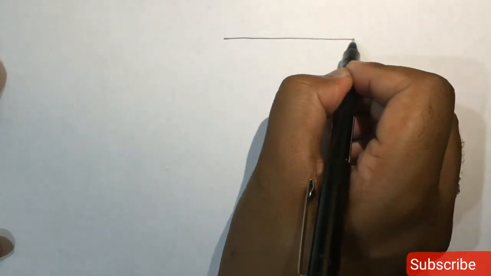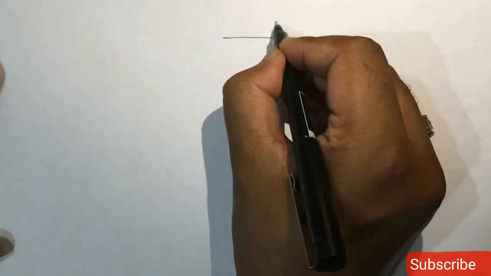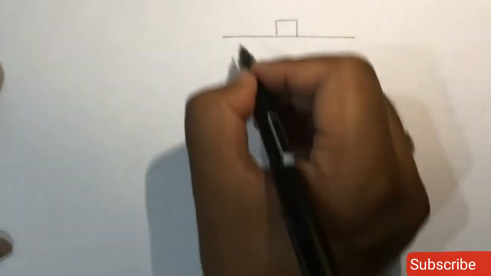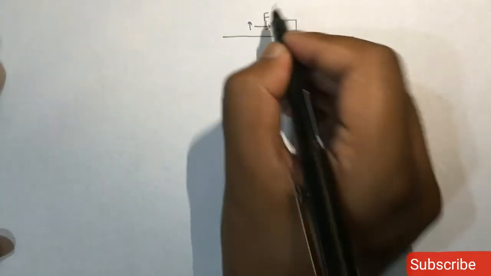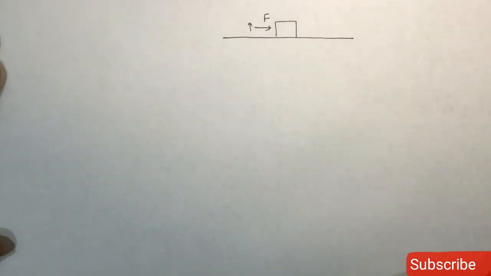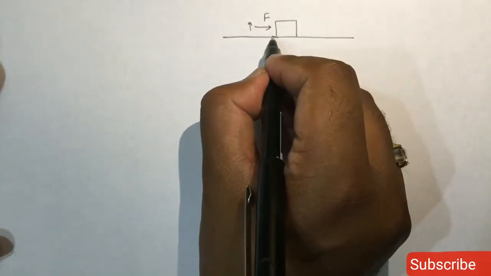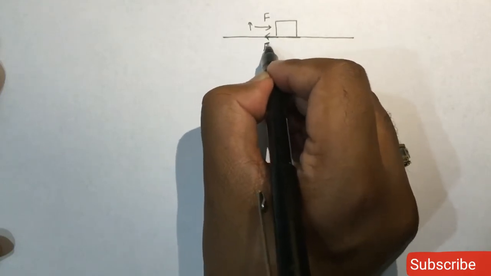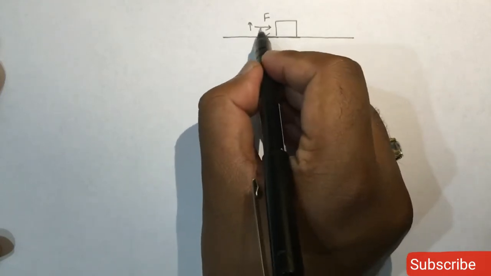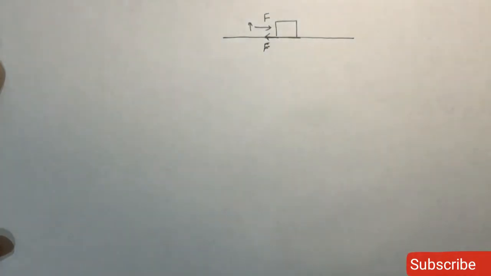Suppose you have a plane on which an object is placed. A person is applying force F on this object. But the frictional force is also F, which is acting opposite to the direction of the applied force.